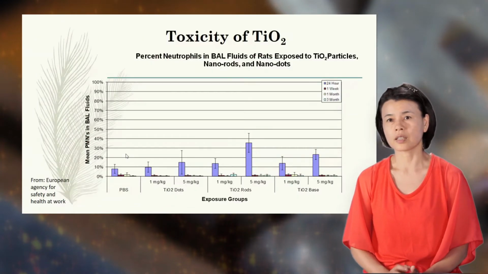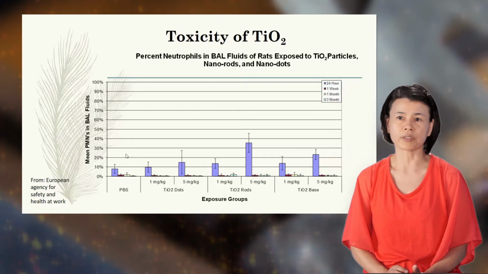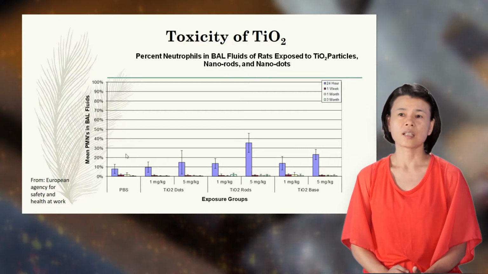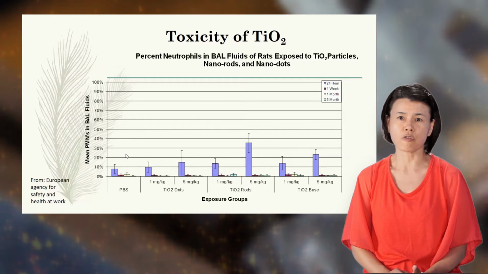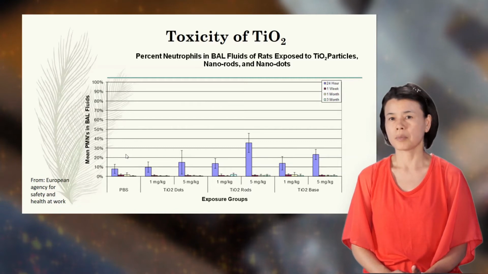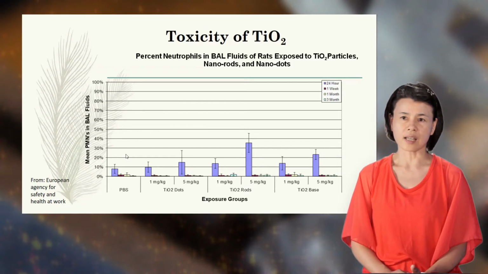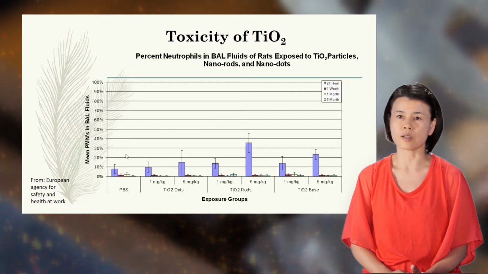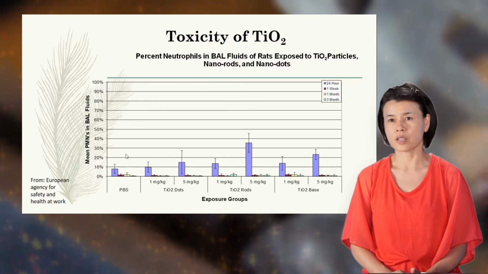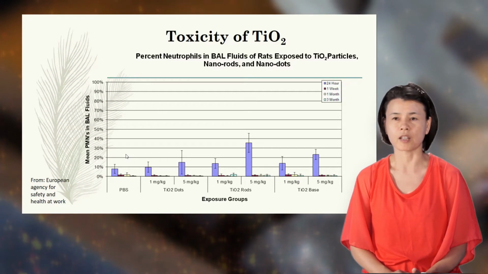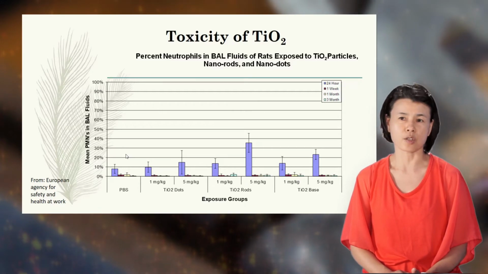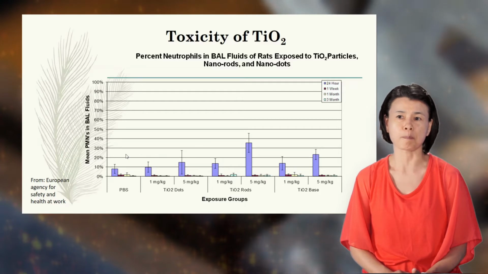This is a figure demonstrating the toxicity of titanium dioxide. The horizontal axis shows four materials: PBS, titanium dioxide dots, titanium dioxide rods, and titanium dioxide base. A low concentration of 1 mg per kilogram and a high concentration of 5 mg per kilogram.